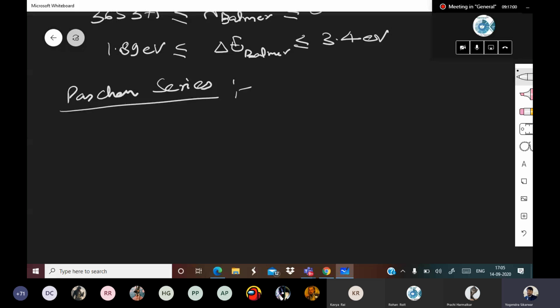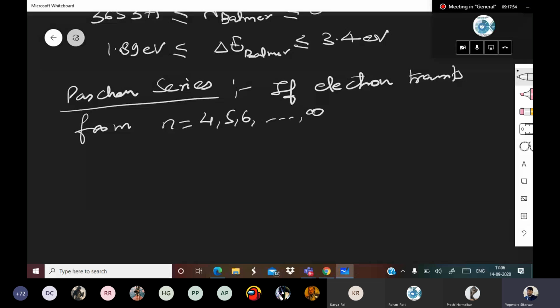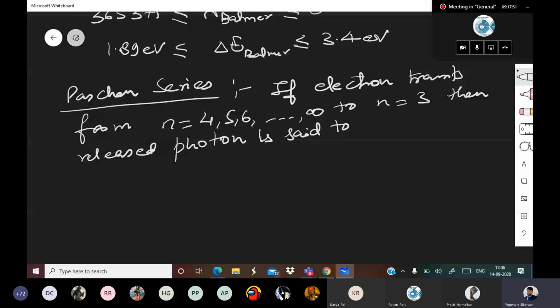If electron transits from n is equal to 4, 5, 6, 7, 8, 9, 10, 11, and so on, you can keep on counting till infinity, to n is equal to 3, then the released photon is said to be in Paschen series.